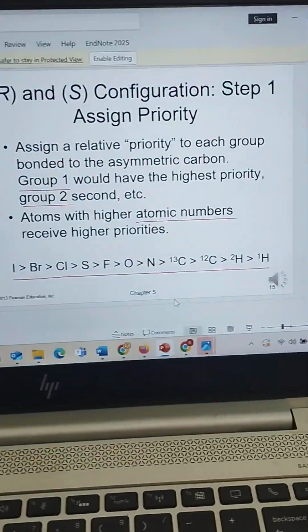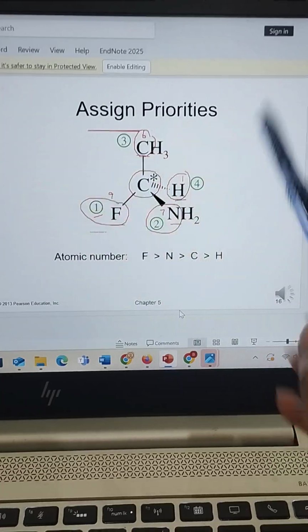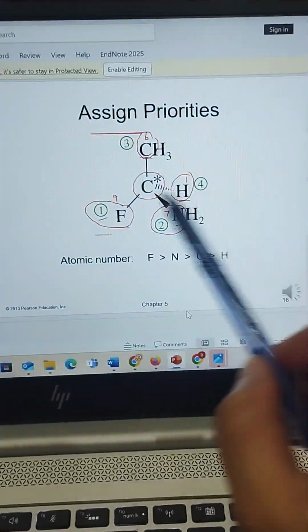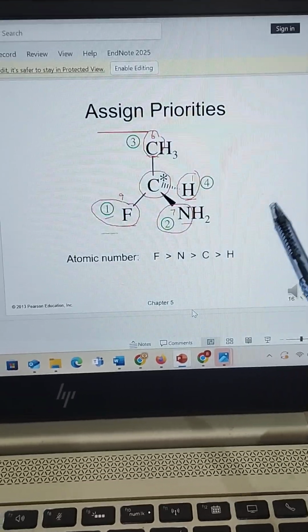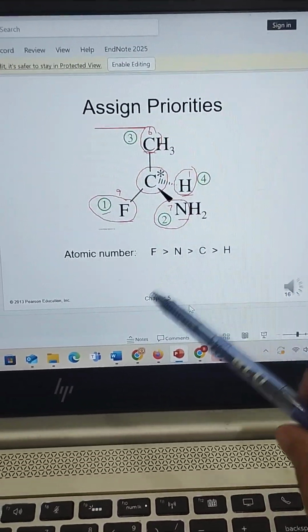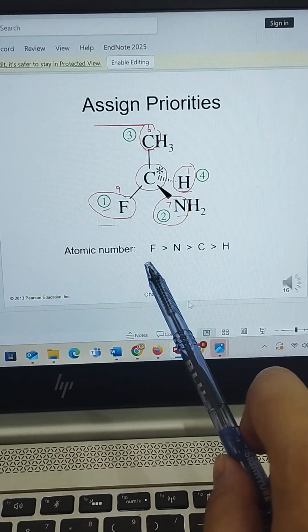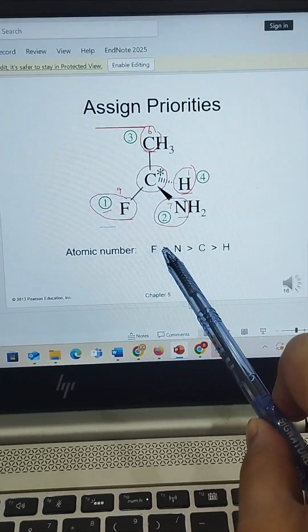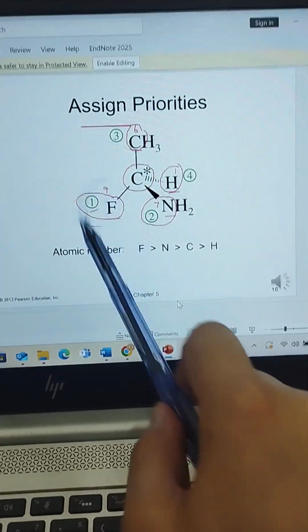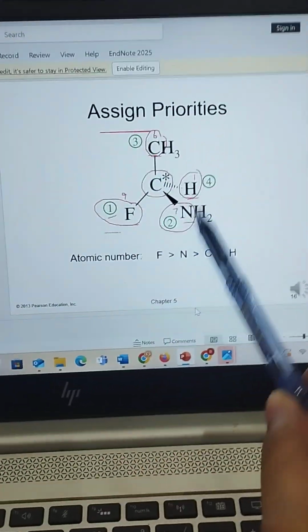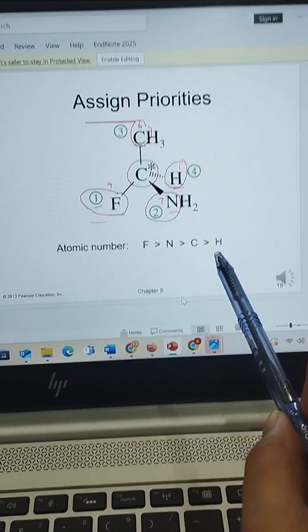For example, let's see, this is the chiral carbon and four different groups are attached to it. How will we assign the first priority group? According to their atomic number. Fluorine has the highest atomic number, 9, so we will assign it 1. Nitrogen has 7, carbon has 6, hydrogen has 1.